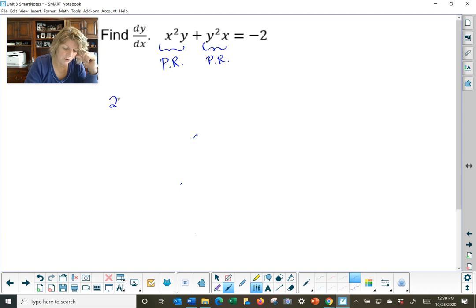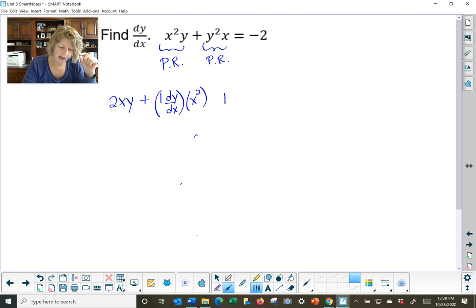So 2xy plus y, the derivative of y would be 1 dy/dx times x squared. Added with the derivative of the other one, that was the first product rule, into the second product rule. 2y, that's power rule.